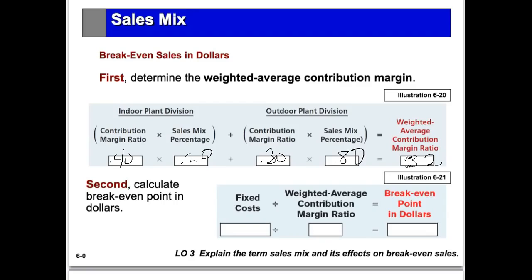Now second, calculate the break-even point. 300,000 was the fixed costs, so I divide that by 0.32, and in sales dollars, I must produce $937,500 in sales revenue in order to break even.